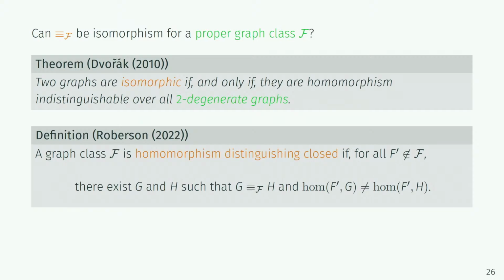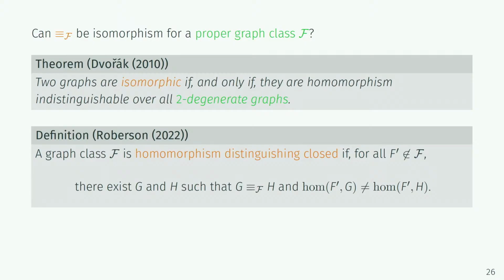So whenever you take a graph F prime from outside F, you will find two graphs G and H that are homomorphism indistinguishable over F, but have a different number of homomorphisms from F prime. So whenever you add a graph F prime to F, you obtain a strictly finer indistinguishability relation. That's what a homomorphism distinguishing closed graph class is.